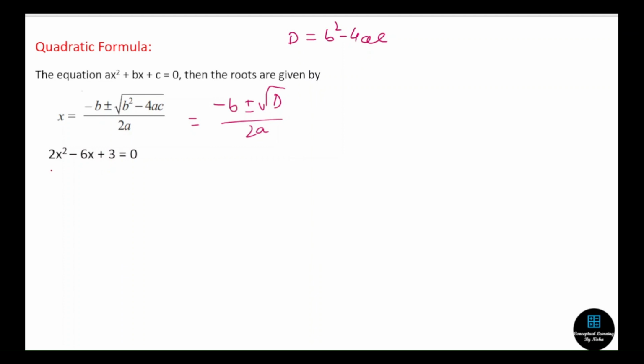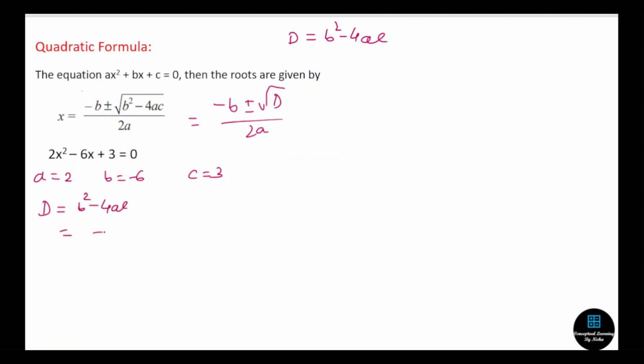First of all, we'll compare this given equation with the standard form, and I'll write the values: a equals 2, b equals minus 6, c equals 3. I will suggest you first find the discriminant, so that you can understand the nature of the roots. Now D equals b square minus 4ac.